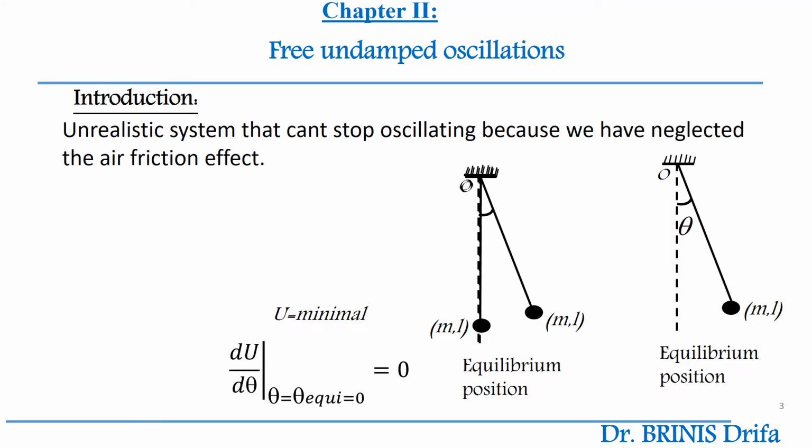When we pull this system upward, it means we have disturbed the equilibrium. It means also that we gave it an excess of potential energy. And we release this system, and the system will regain its equilibrium position.